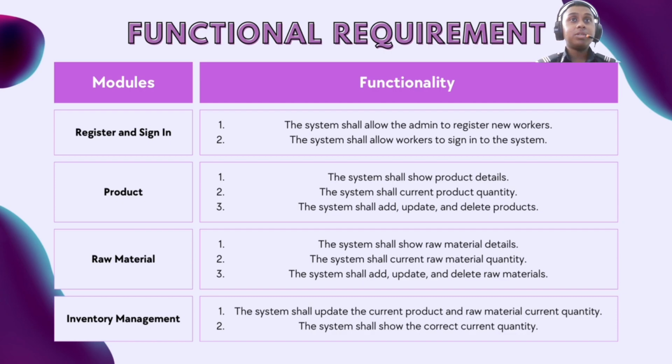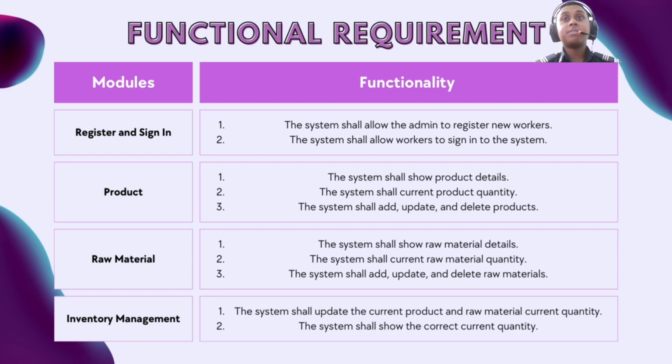The second module is about product. The first functionality is that the system shall show product details, the second is that the system shows current product quantity, and the system should add, update, and delete products. The third module is raw material. The first functionality is that the system should show raw material details.